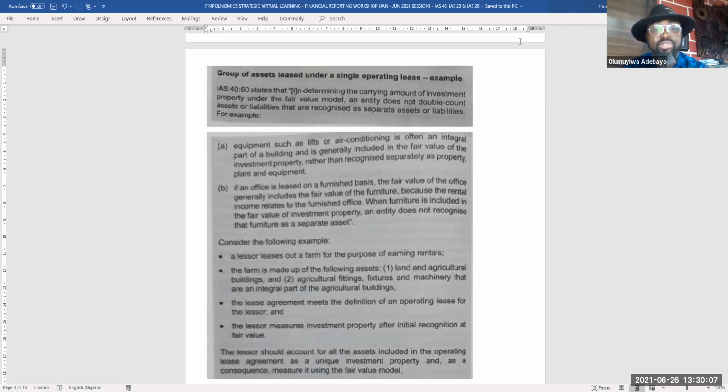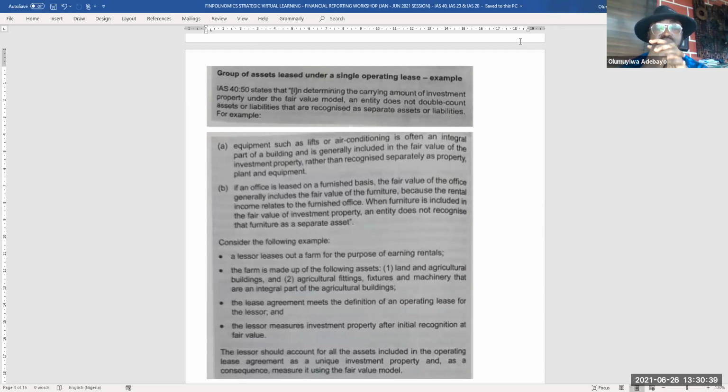Okay, thank you very much. Now, what that supposes is this. When you say this is an investment property, every ancillary fitting and equipment embedded in that property may be treated as a whole, especially if they are an integral part of that property, in order to satisfy the purpose of being an investment property, that is for rentals.